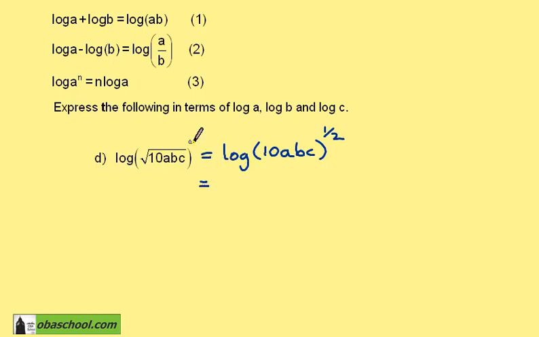We can then use this law to bring the half down in front, giving us a half log 10ABC.